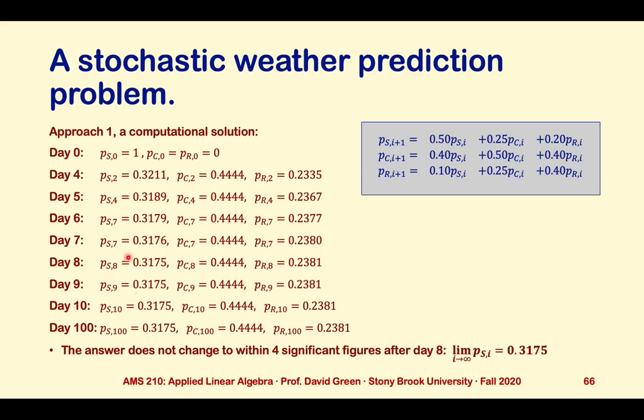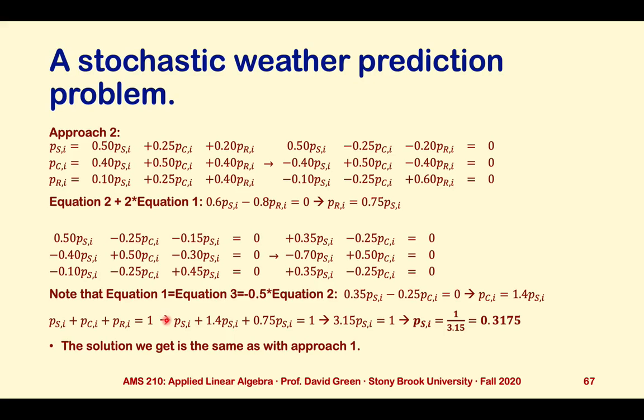And if you run this out 100 or 1,000 steps, I'm not showing the higher numbers, you still get that same number to 4 significant figures. That's a pretty strong indication that this is in fact the equilibrium distribution. The limit as we go to infinity of the probability of being sunny is 0.3175.